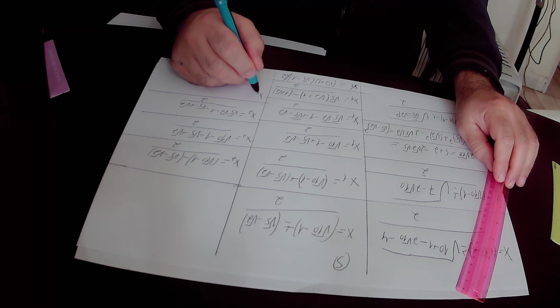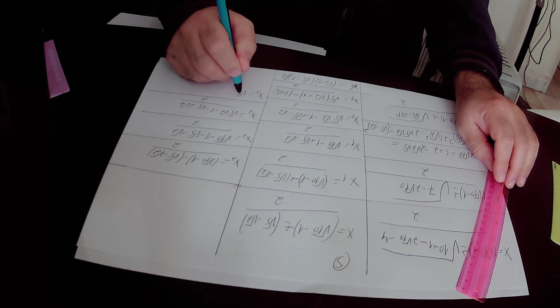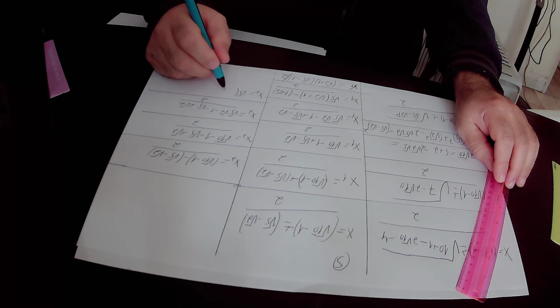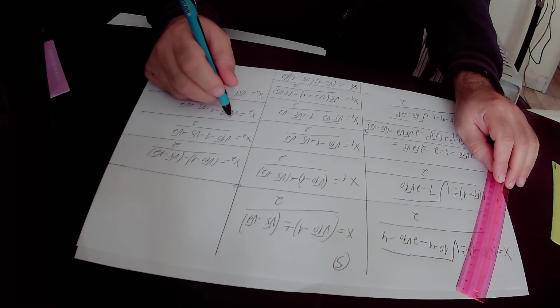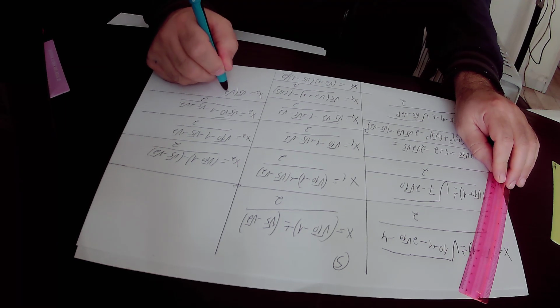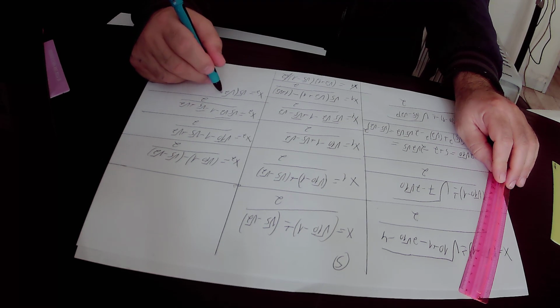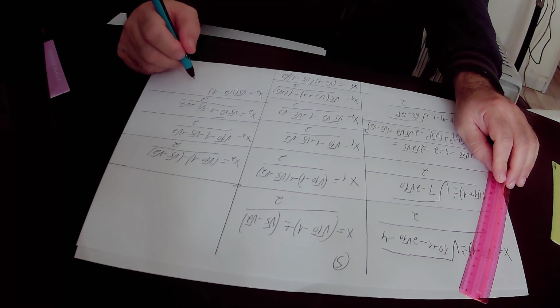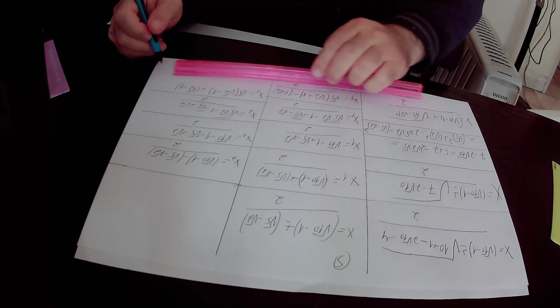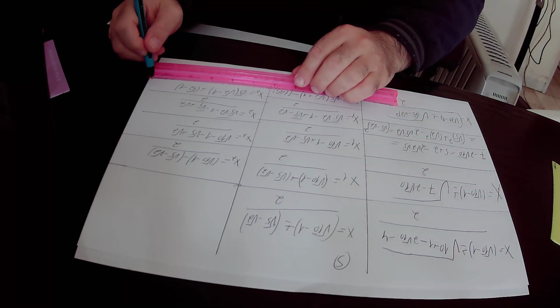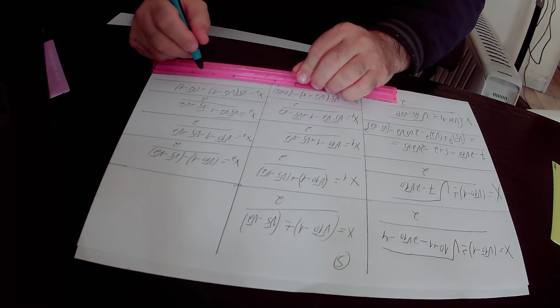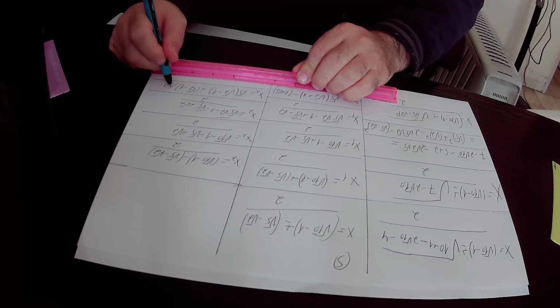Inside the brackets we will have square root of 2 minus 1 plus square root of 2 minus 1. So here we will take all divided by 2, of course.